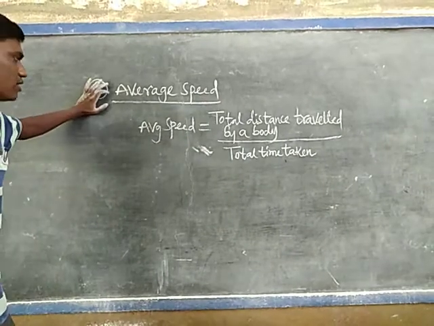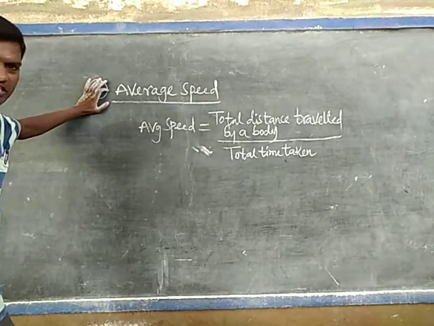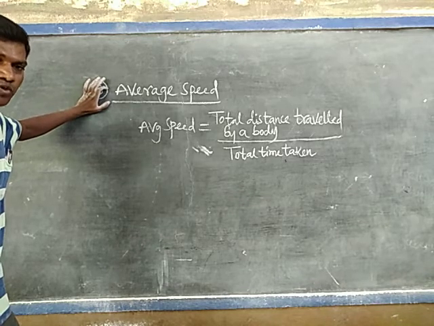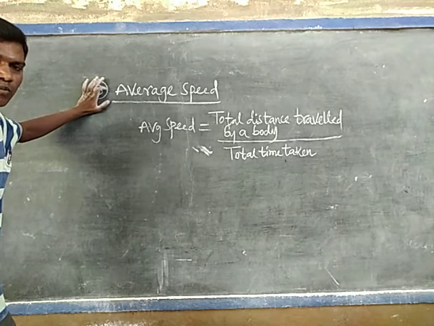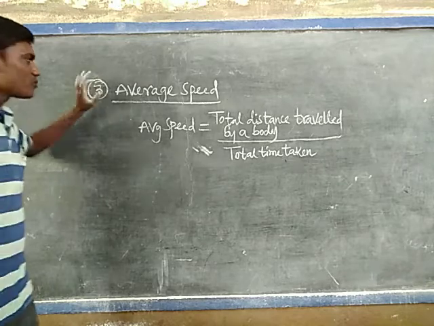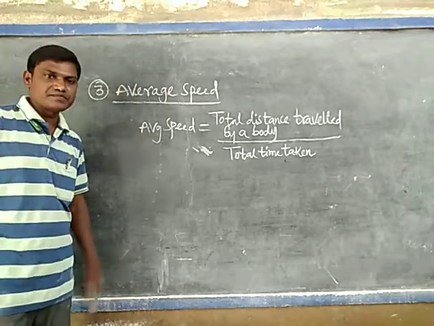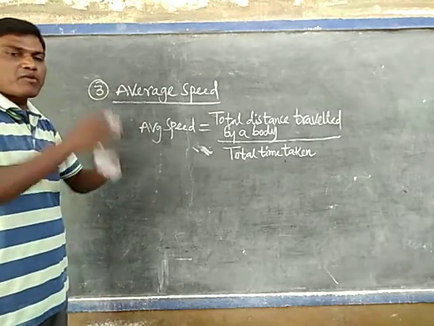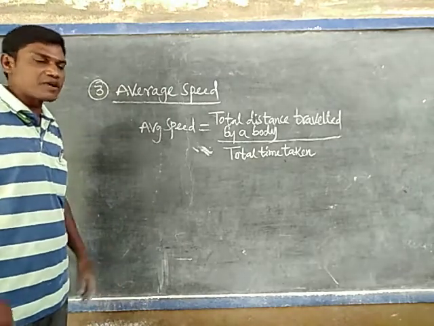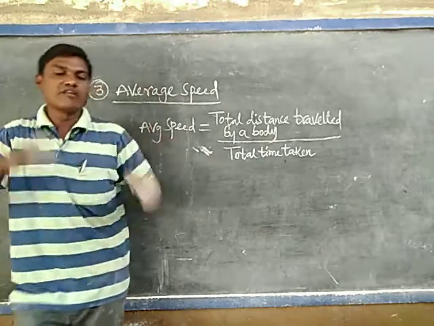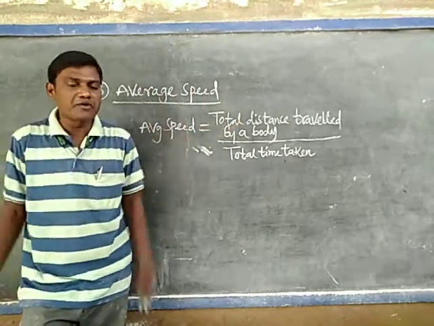So how can we say average speed? If a person or a body is moving from one place to another place, in most cases human beings are always moving with non-uniform speed, not uniform speed. That's why, when your body is moving with non-uniform speed, we consider the average speed. It means, on average, from starting to ending, how much speed we are maintaining.